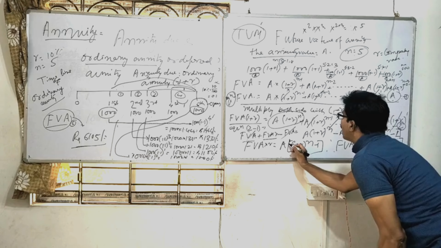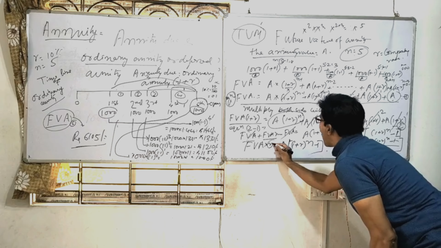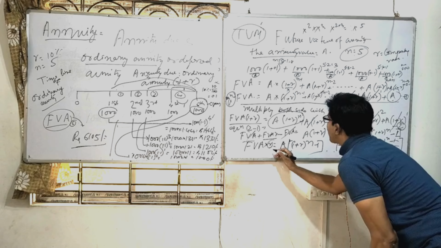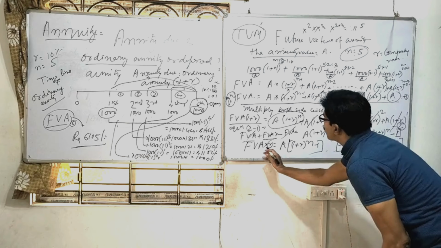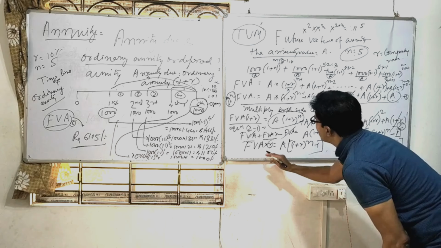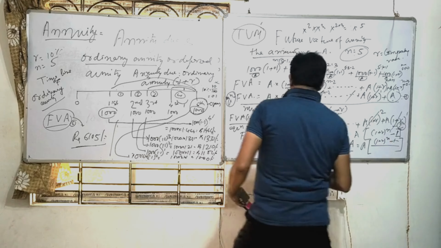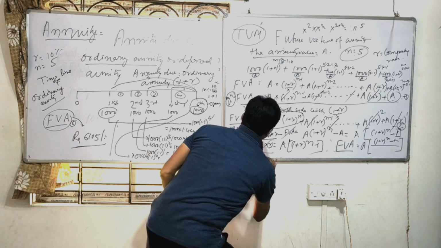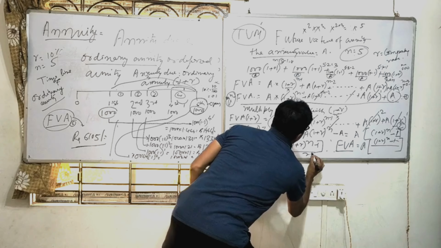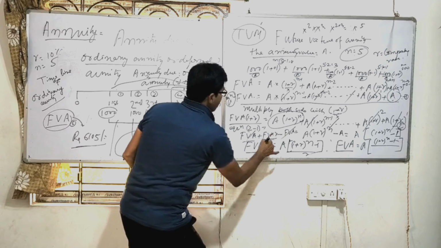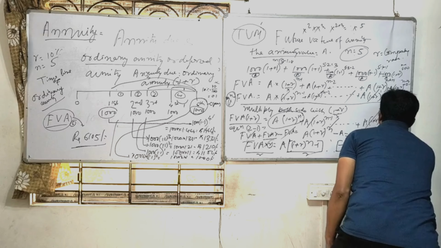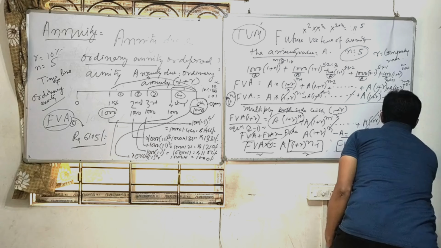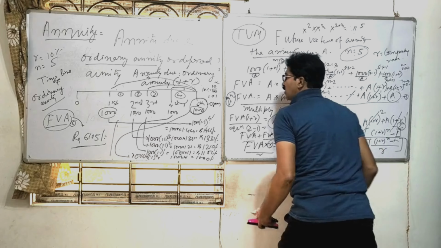This r will come here because I have only written future value, so I am dividing both sides by r. If I divide this side by r, and this side also by r, it will be conserved. So future value of annuity is equal to this. This is the formula for future value of annuity.